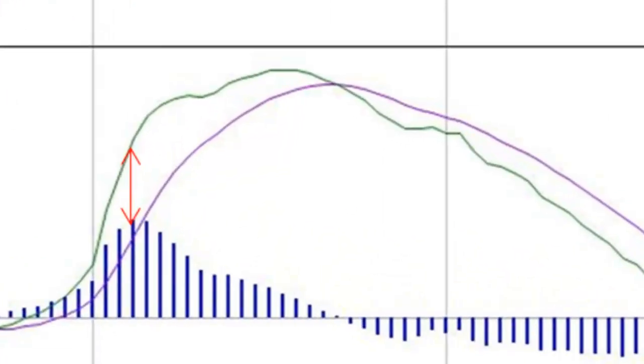As we discussed in the definition, the histogram basically shows us the extent or the distance of the gap between the two exponential moving averages that make up the MACD indicator. And as this gap increases in size, so do the bars. As the gap decreases in size, the bars also decrease in size.